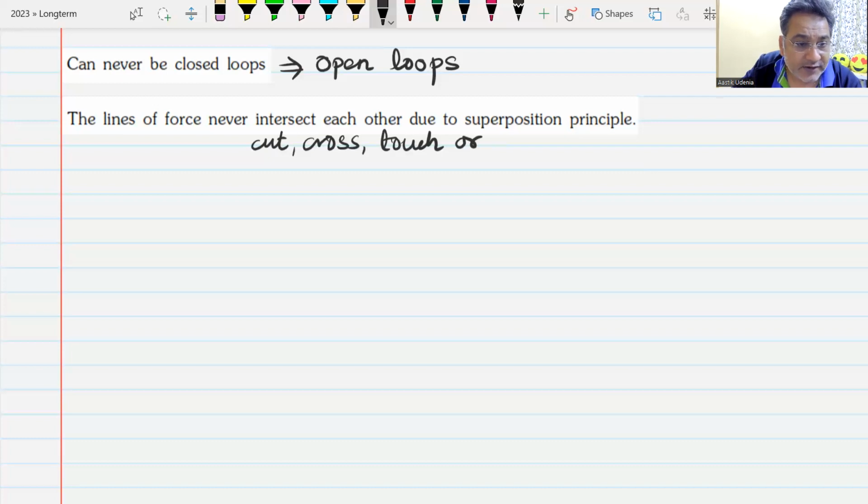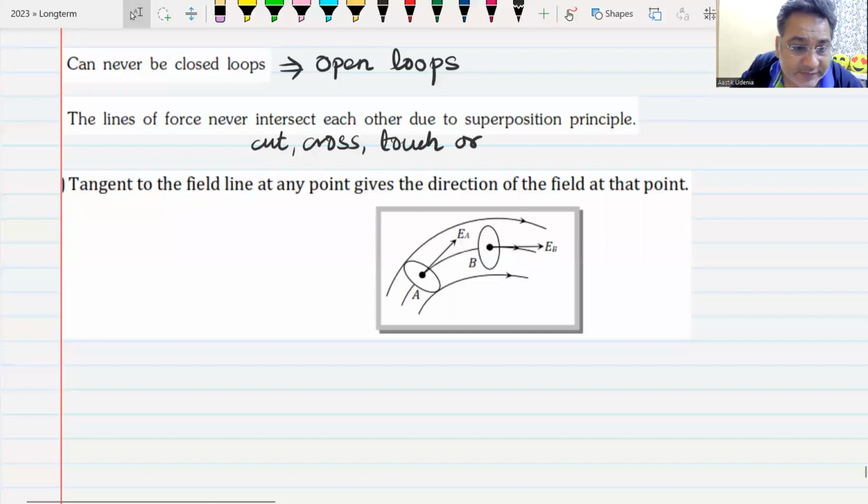Next point, we have already seen the direction: the tangent drawn to any point on the electric field line will give us the direction of electric field. Everyone understands this? Yes, sir.